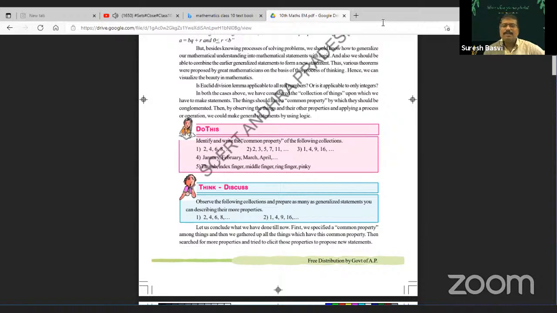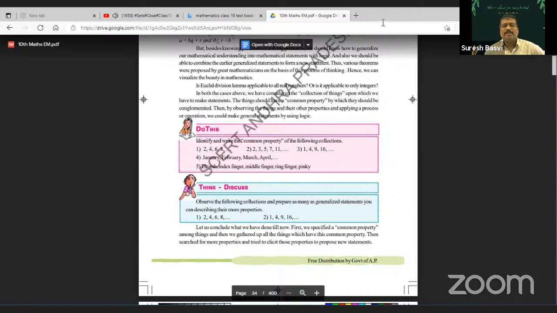Is there a common property in that? Second one is months, no doubt. Fifth one: no, there is no common property in that, because the last is pinky. The last name is pinky, so that's why there is no common property.